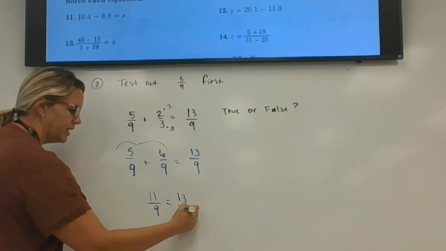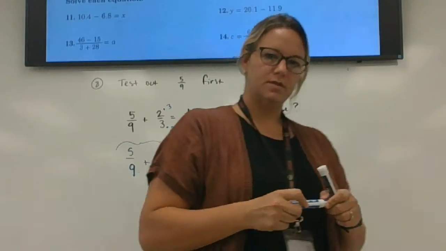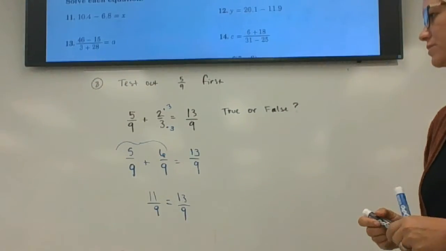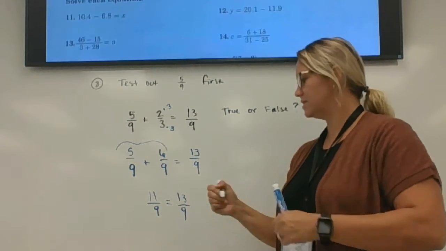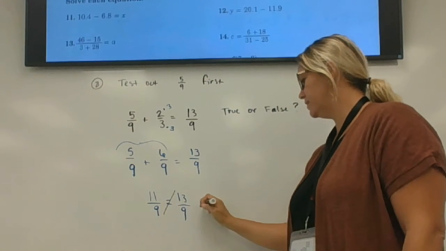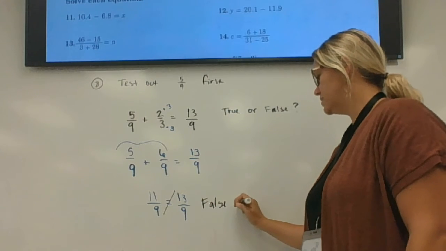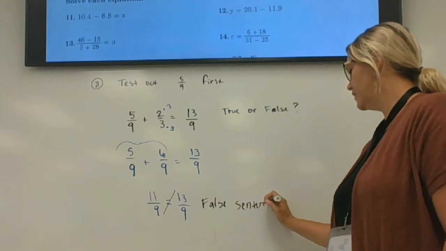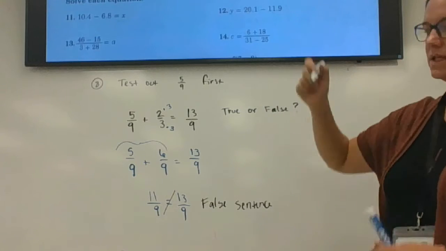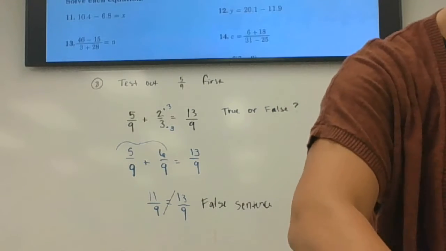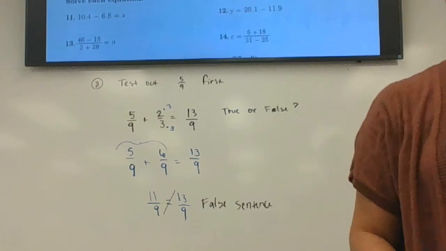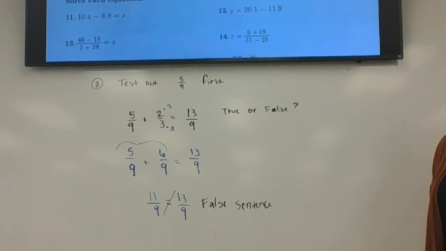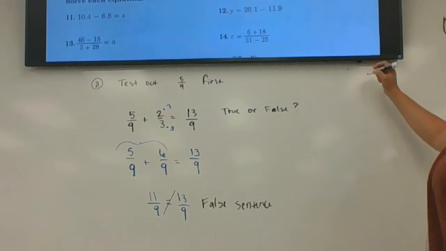And then I compare to see if my sentence is true. 5 plus 6 is 11/9, and 11/9 is not the same as 13/9, so I'll put a line through it. And this is a false sentence. So in the replacement set, 5/9 is no good. Put a line through it. You guys are telling me I should jump to 7/9? Okay, I'm going to jump to it.